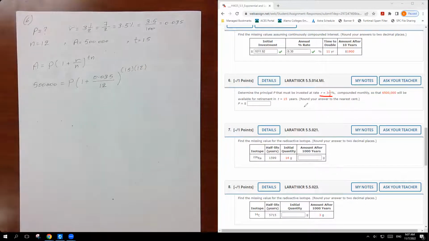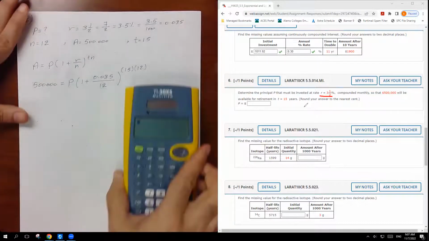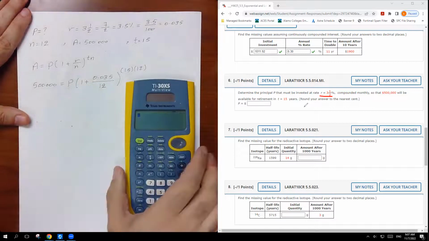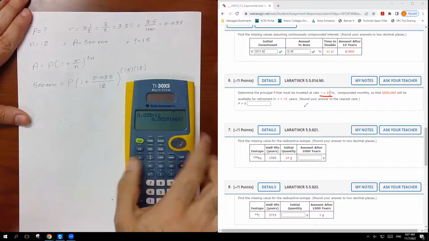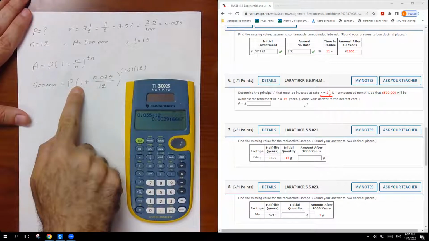So now we're going to look at how we're going to simplify this one. The first thing I'm going to do is simplify everything here. 0.035 divided by 12 is going to be this number. This number add to the 1.